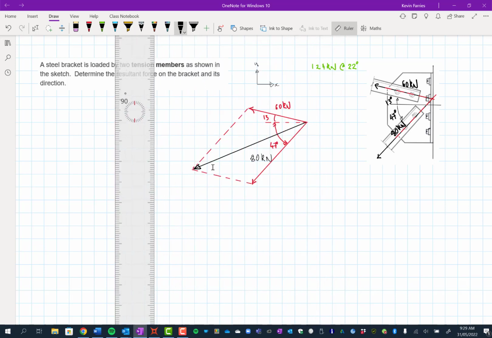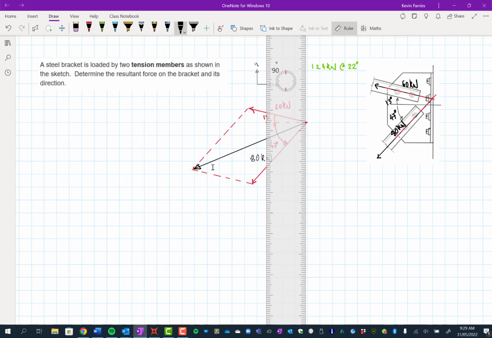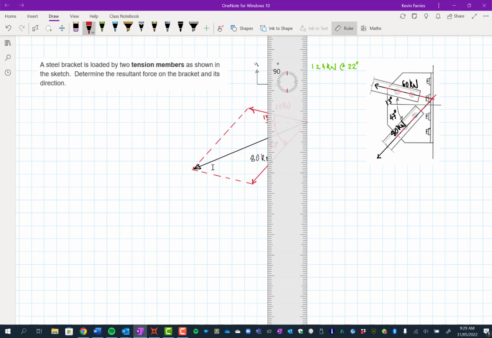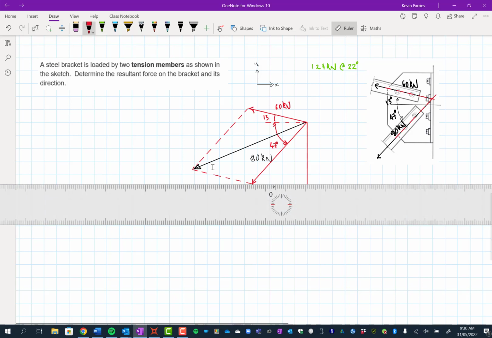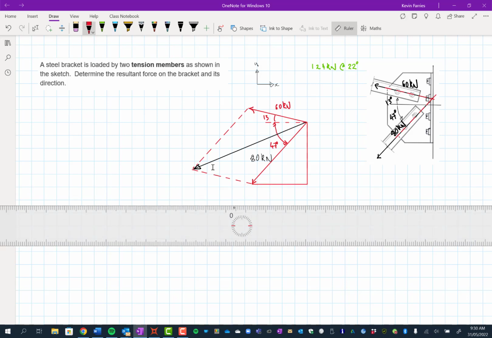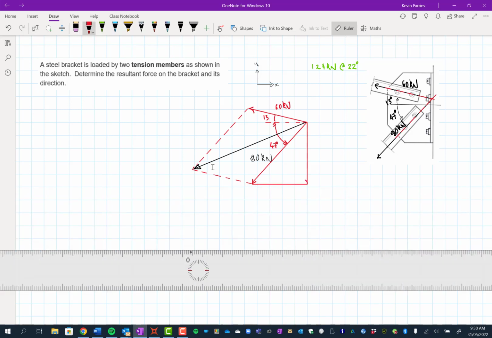Okay, so for this first vector here, I'm going to go down here. Let me draw my x and y components. So y is going this way, and already I'm thinking about the direction of these x and y components. Just draw it solid. So this is going negative. We'll call this 1.